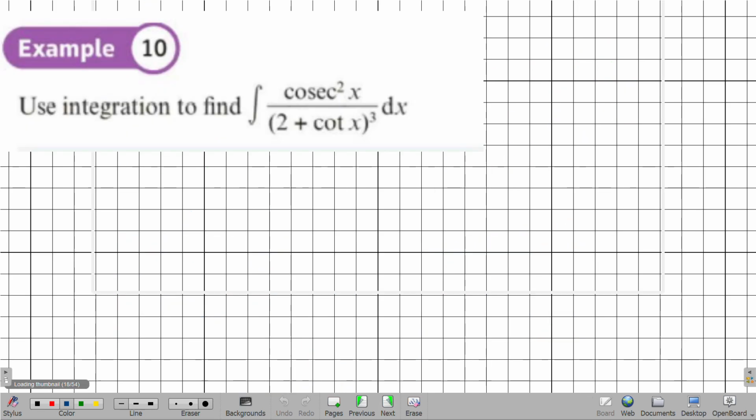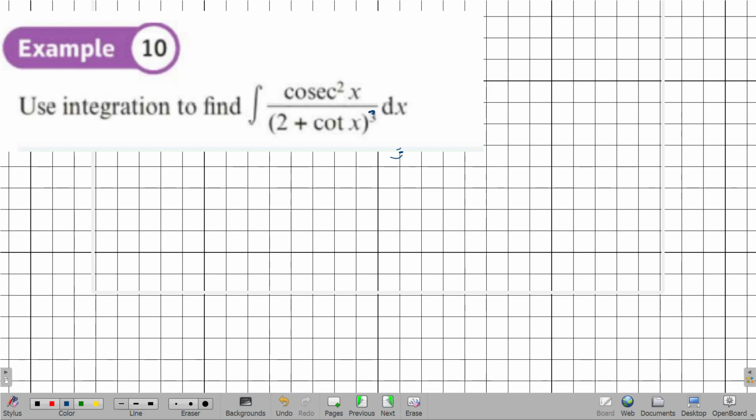Next example. Right, a very good example, which is more of a quotient. Is it a quotient? Yeah. I believe if you integrate 2 plus cot x, you get cosec squared x with a minus. So are we in a position? We cannot use the quotient here because of this 3.